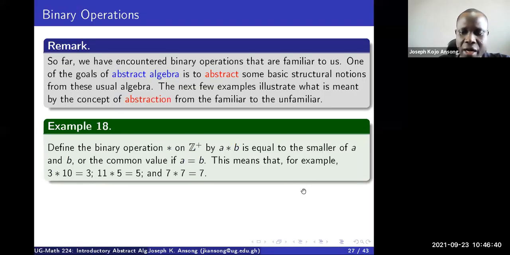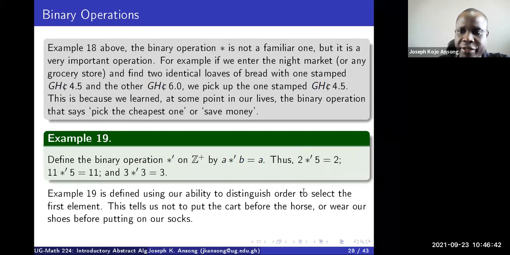a store to buy bread. You find two identically sized breads, same size. One of them is stamped 4.5 Ghana cedis, the other is 6 cedis. Well, which one are you going to pick? You're going to pick the smaller of the two. Why?